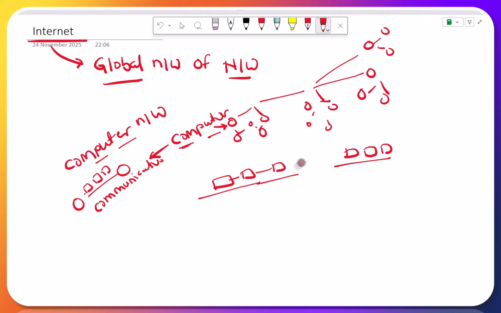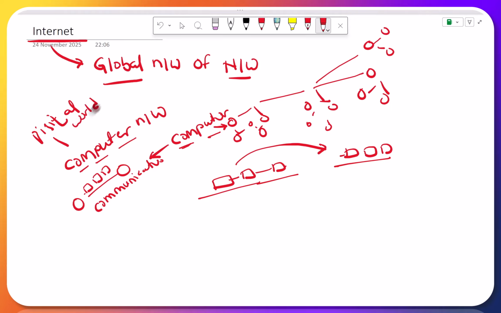To communicate between the states, between the cities, right? To share the resources. One state can share resources with the other state with the help of trains. So for any network, the basic purpose is always communication and sharing of resources. That is the main purpose of a computer network also, but in the digital world.